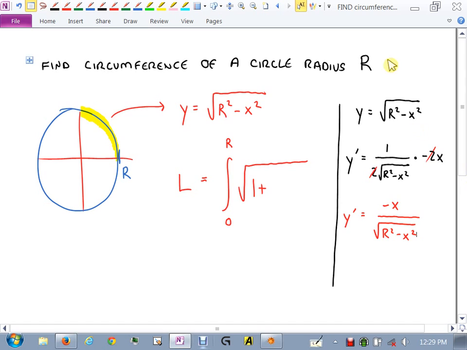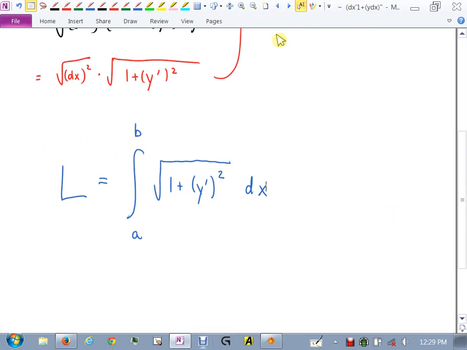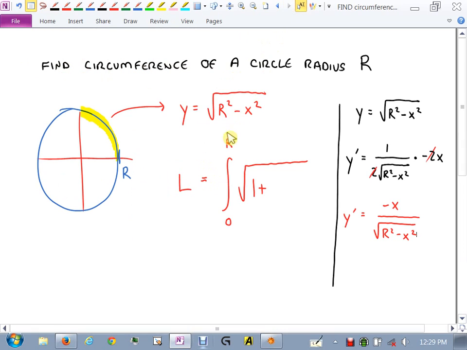Now, go back and look at the formula we just had. We don't want to plug y prime in there. What do we want to plug in? Y prime squared goes in there. So let's write down underneath this, what's y prime squared, just so we have it. X squared over, squaring the square root, I'm a happy man, right? Capital R squared minus x squared. This is the derivative squared, so squared the top and the bottom.